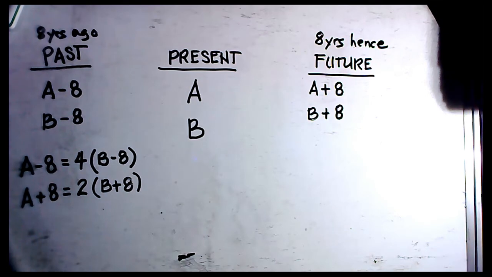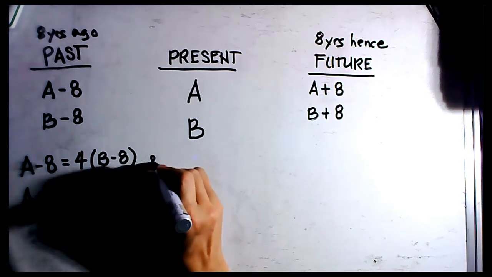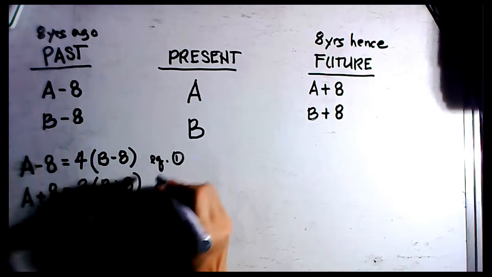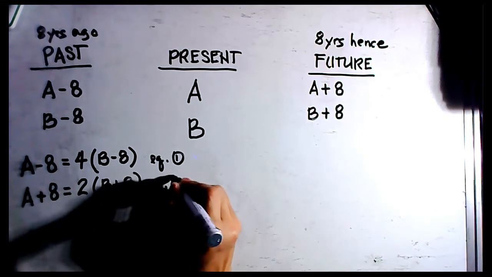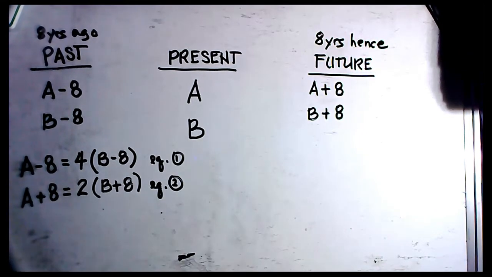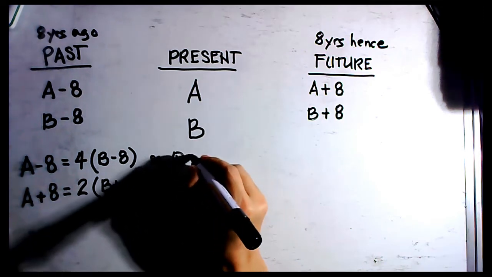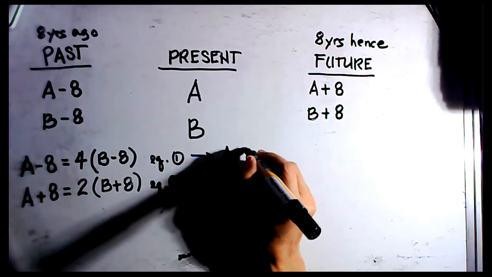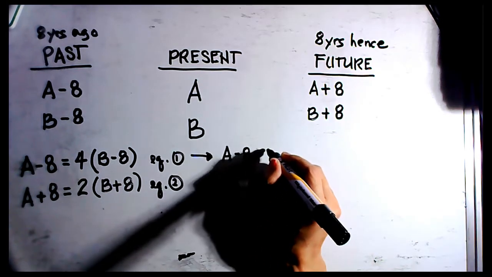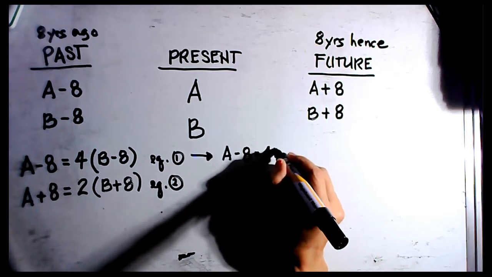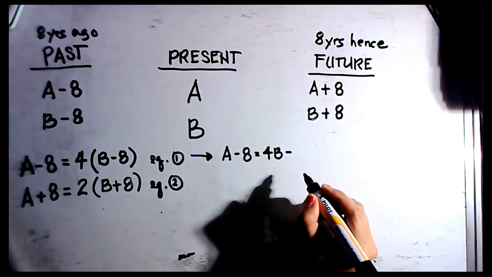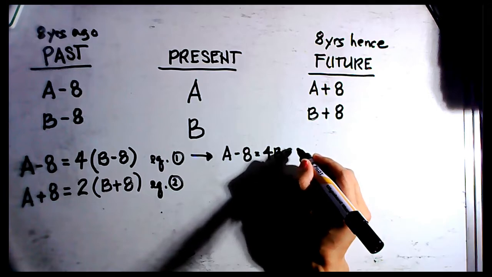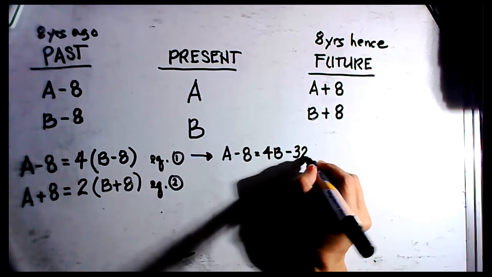Then from there, you can now create equations. Let us represent this as equation 1 and this as equation 2, and let us operationalize equation 1. From equation 1, we got A minus 8 is equal to 4 times B minus 4 times 8, which is 32.